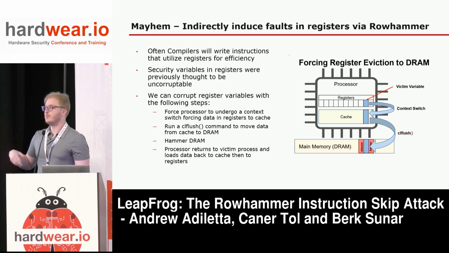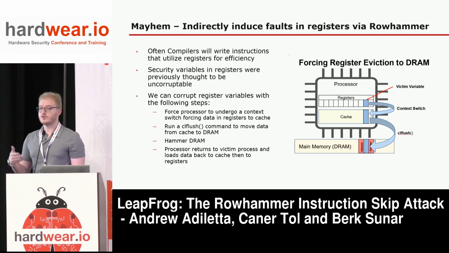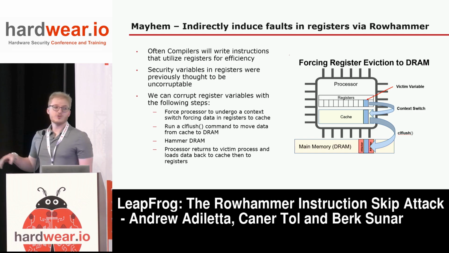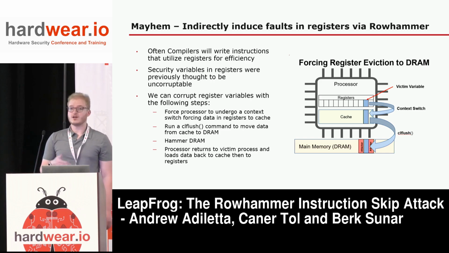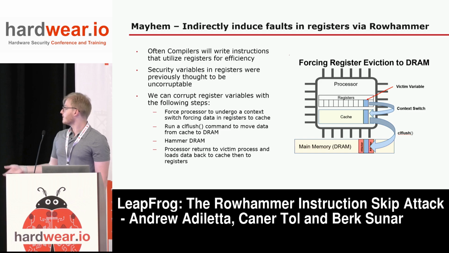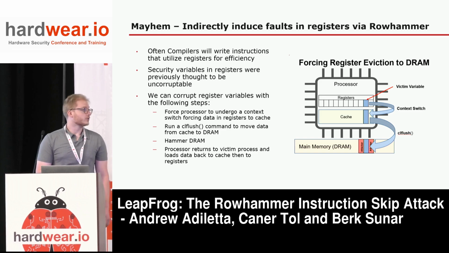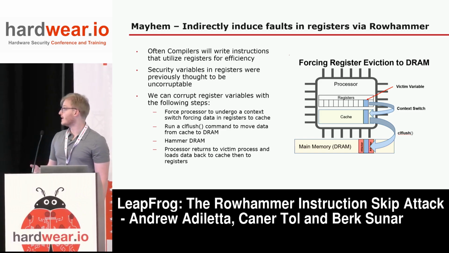Then an unprivileged x86 instruction allows you to flush the cache lines, and it'll push that into main memory. Then you can apply that same Rowhammer attack on main memory, flip the bits, and when the program switches back context and loads those register values back in, it actually loads the corrupted values. And so you can imagine that's really problematic.